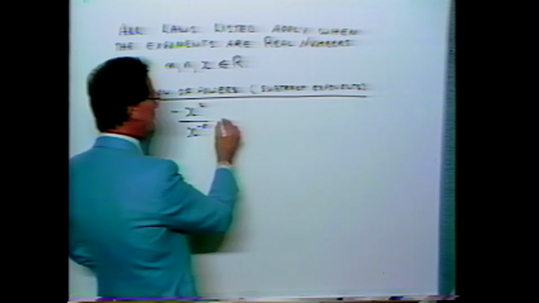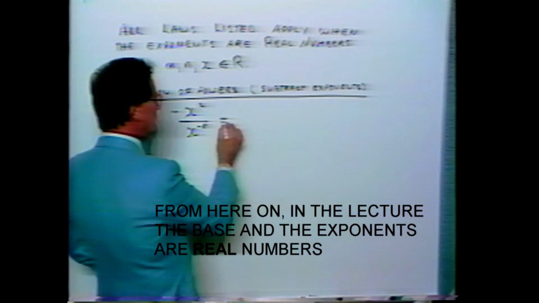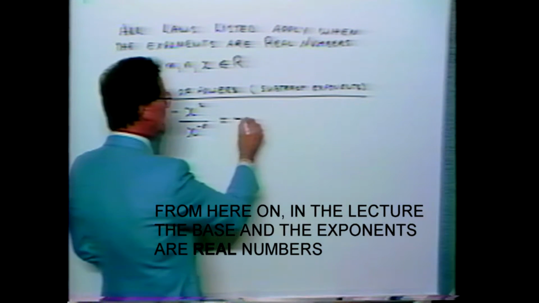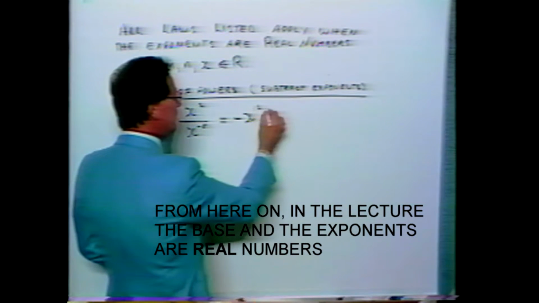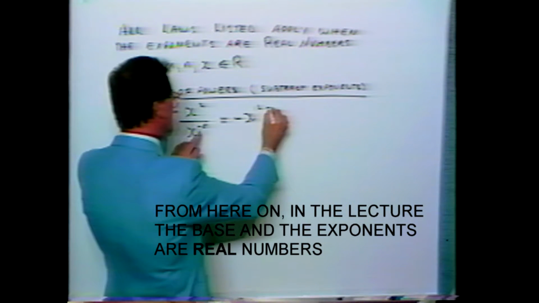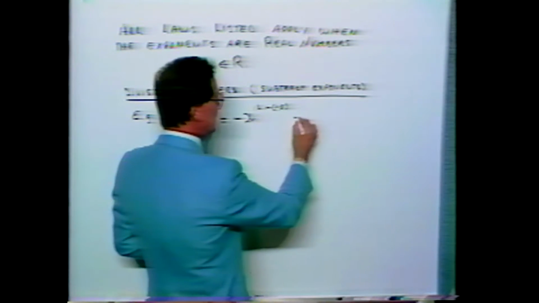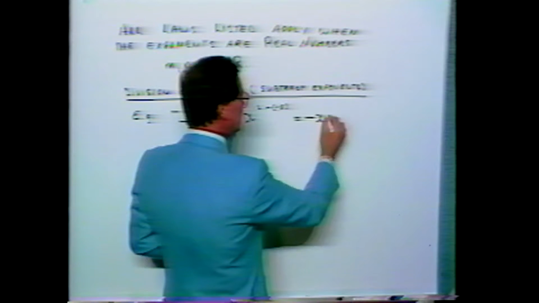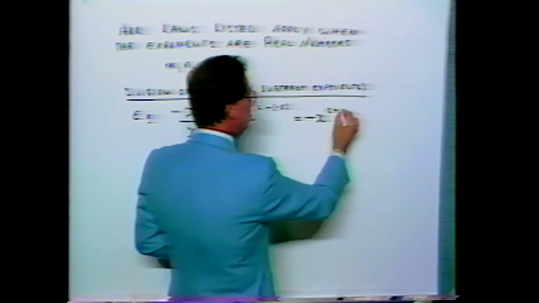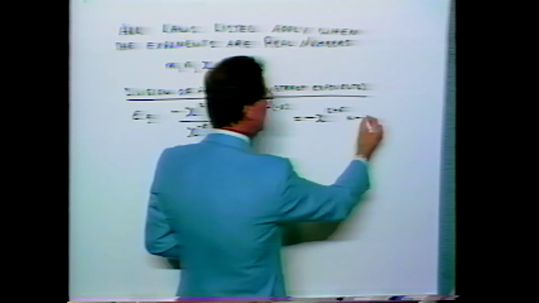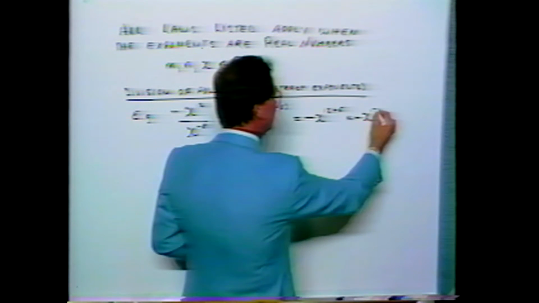Exponents here are integers. This is equal to negative x to the 12th subtract the integer negative 5. So this is then equal to negative x to the 12th plus 5, which finally reduces to x to the 17th.